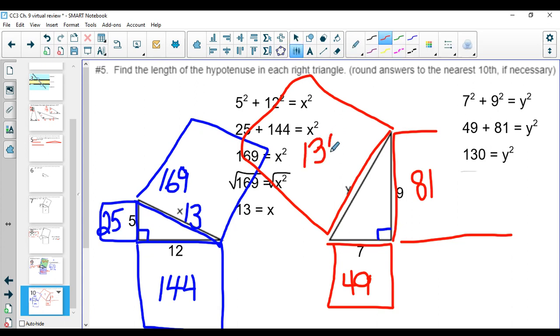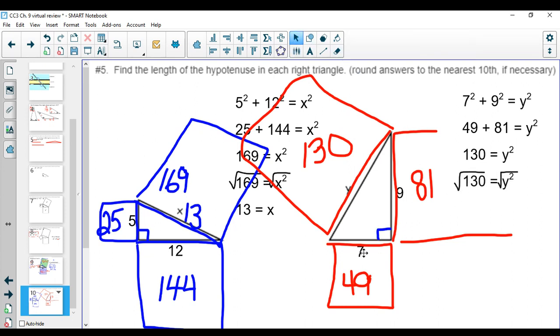But that's for the whole square. We want just the side length. So we're going to do the square root of 130. And the square root of 130 is not an exact value. It goes 11.40175 on and on and on forever and ever. So we're going to have to round this one like we did on the page before. We're going to round to the nearest tenth.